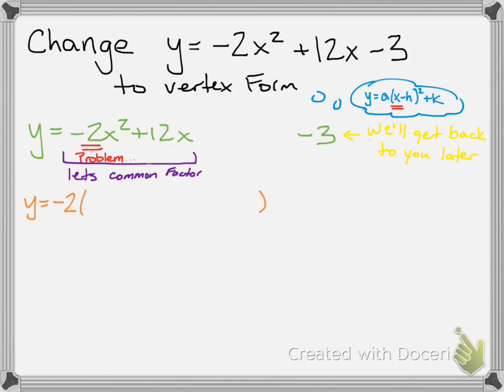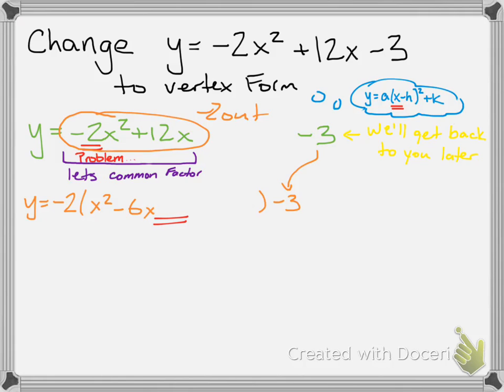So when we common factor, we take that negative 2 out, we bring that minus 3 down because we've got to keep it around, and then we're left with x squared minus 6x, right? So this x squared minus 6x right here comes from factoring negative 2 out of there.